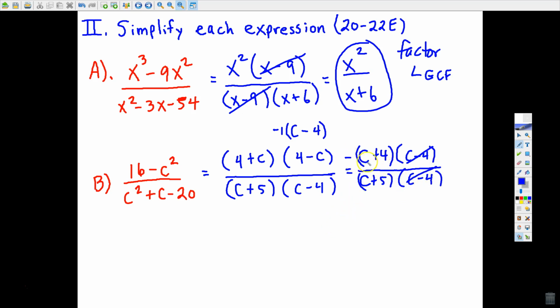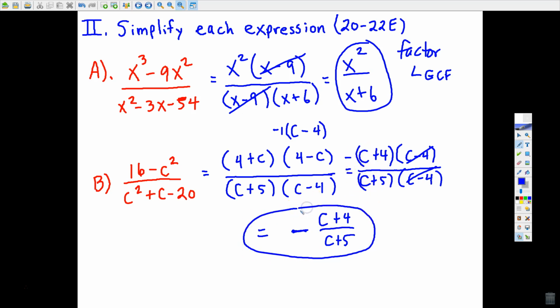And since we have a negative numerator with a positive denominator, that makes the whole fraction become negative. So I'm just going to show my answer as this. C plus 4 divided by c plus 5, and negative for the entire fraction. Negative divided by positive is negative. Okay, and so that is your answer for this Roman numeral 2b problem.